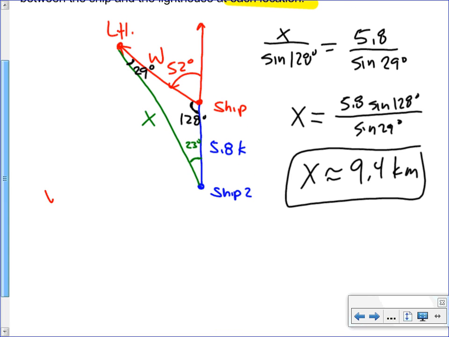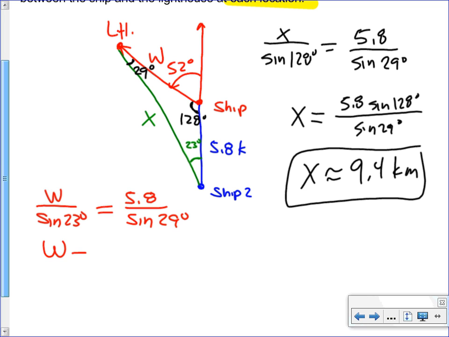All right. W is the red right here. Right? So W over sine 23 is equal to 5.8 over sine 29.